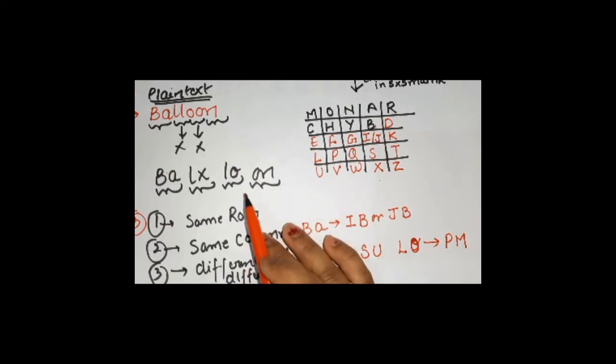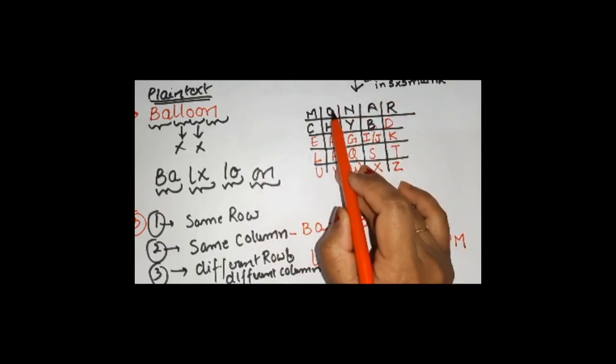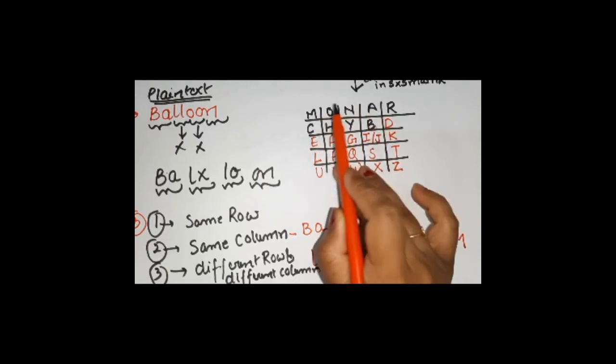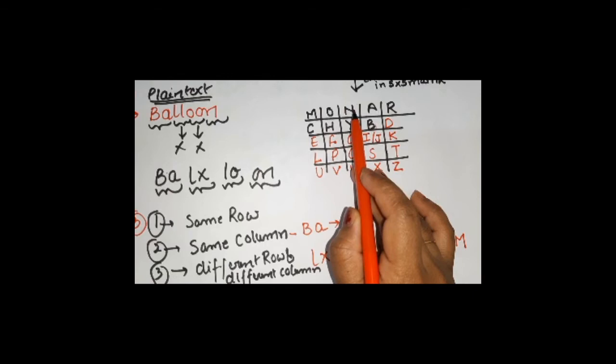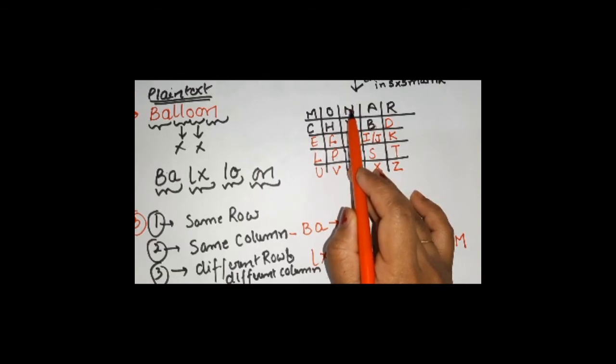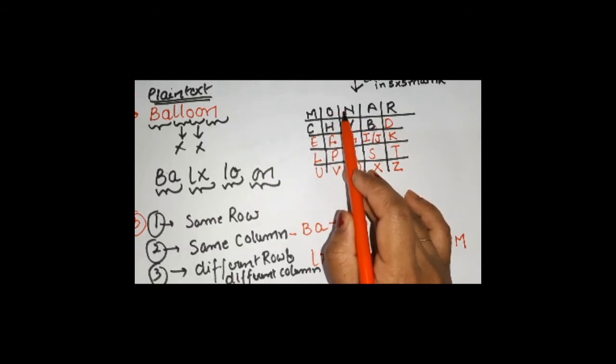Okay, moving ahead, ON. O and N. So see where O and N are. O and N fall in the same row. Now if this is the case, if two letters in the same pair fall in the same row, then what is done? Then each is replaced by the letter that is next to it. Again I will repeat.